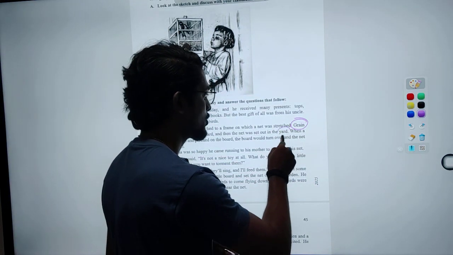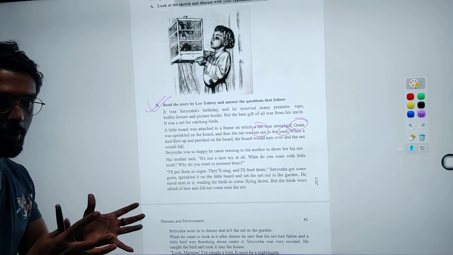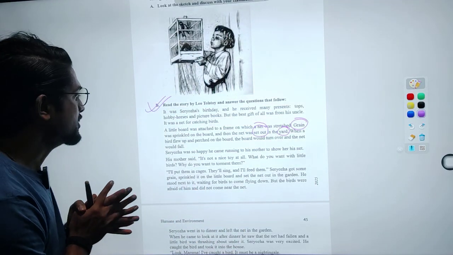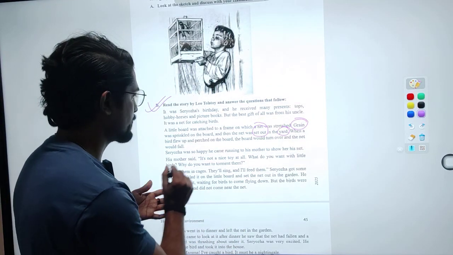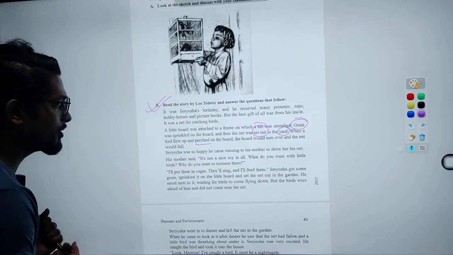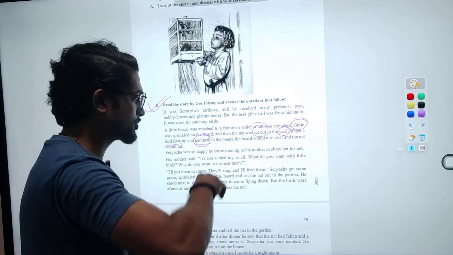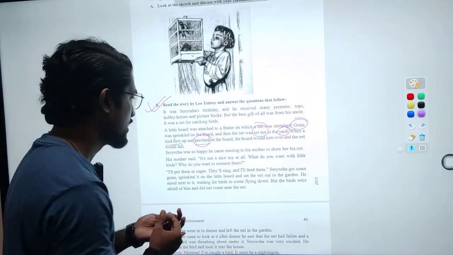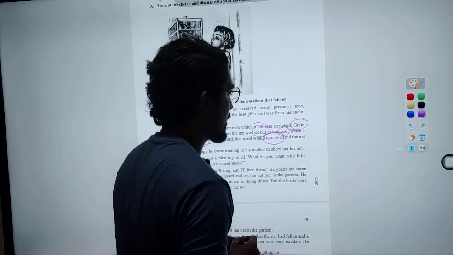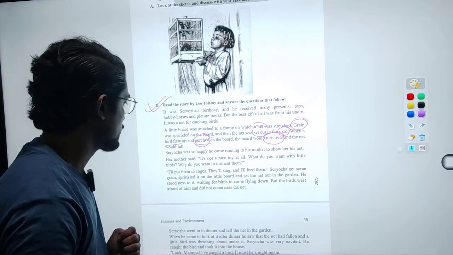Where has it been placed? In the yard. When a bird flew up and perched on the boat, it would turn over, and the net would fall. Turn over is an appropriate phrase, meaning it will flip over, and the net would fall.